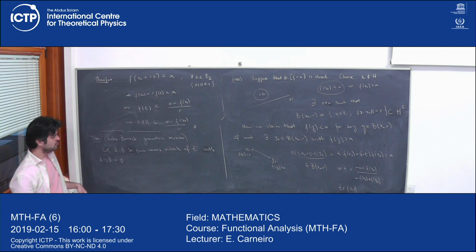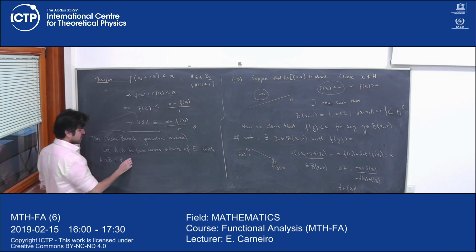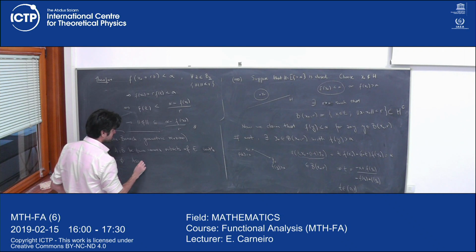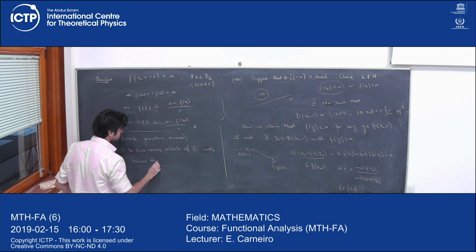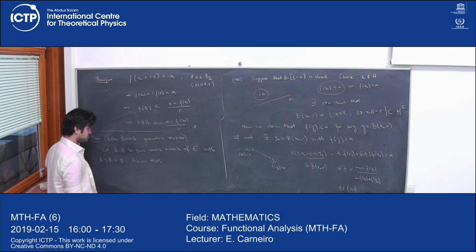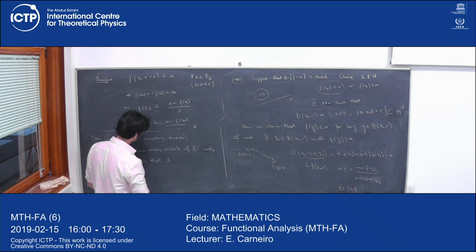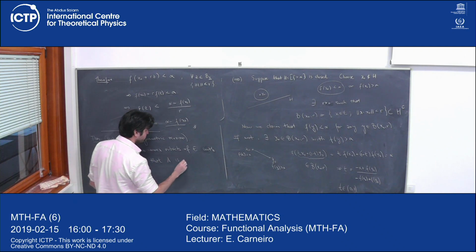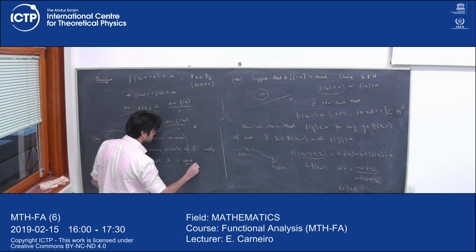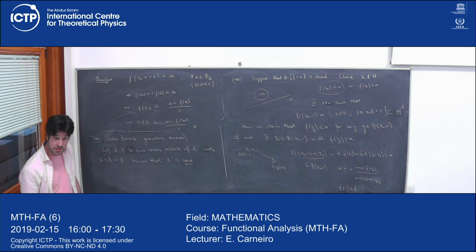So two disjoint convex subsets of E. Assume that one of them, let's say A, is open. Assume that one of them is an open set. This is an important assumption of the theorem. Otherwise, it will fail.